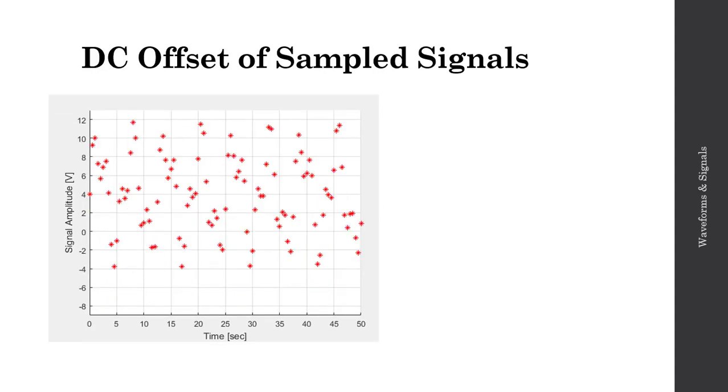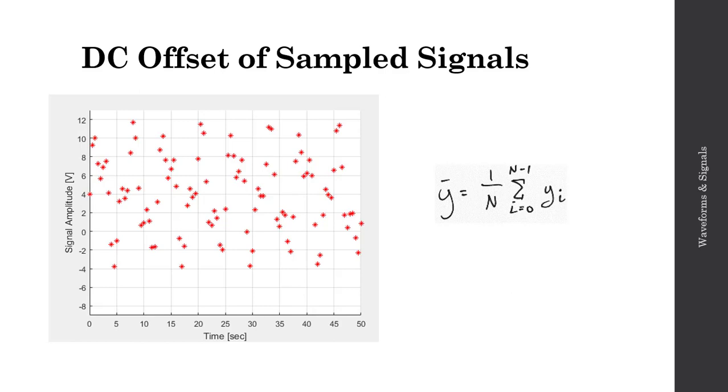Now, if we look at this plot, we may think it's a random assortment of dots, but in fact, this is a sampling of the original signal from the previous slide. And I calculate the DC offset for a sampled signal in a similar fashion as how we calculate for a continuous signal. Here, y bar, the average or the mean of my sampled signal, is going to be equal to 1 over n, where n is the number of samples that I have taken from my signal, multiplied by the summation of all the sample values in my signal.